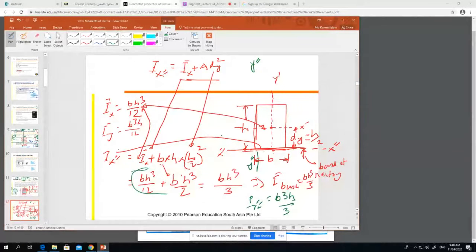So what we learned so far: for a rectangle, the moment of inertia with respect to the centroidal axis is this, with respect to the base it is B H cube by 3, and with respect to the other side base it is I equal to B cube H by 3, right? These two things we learned.